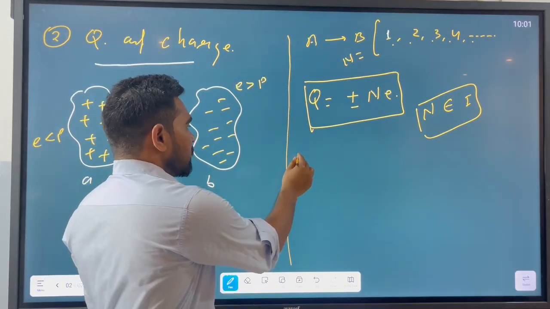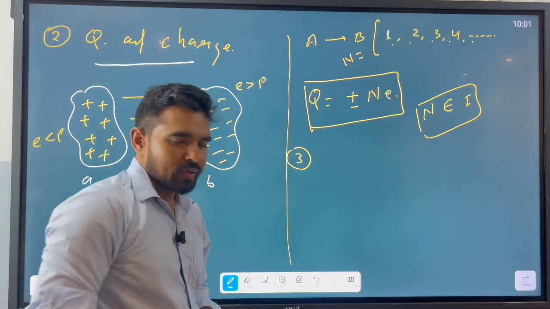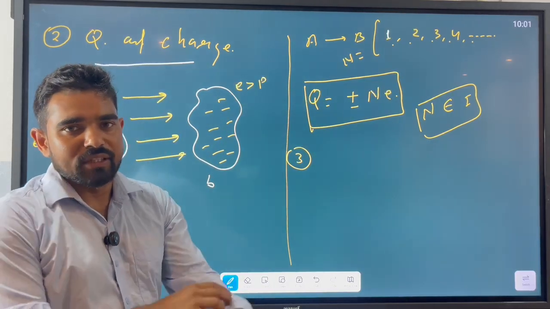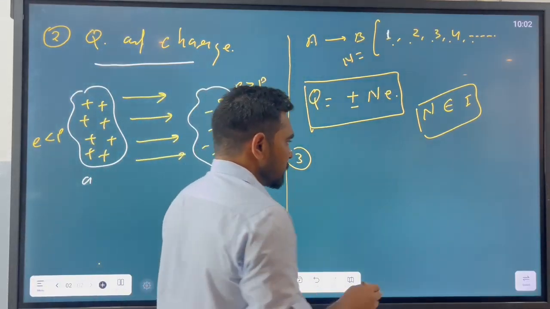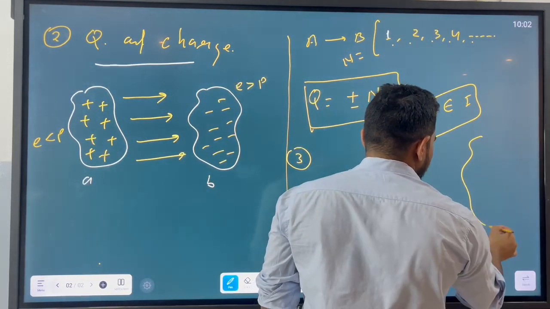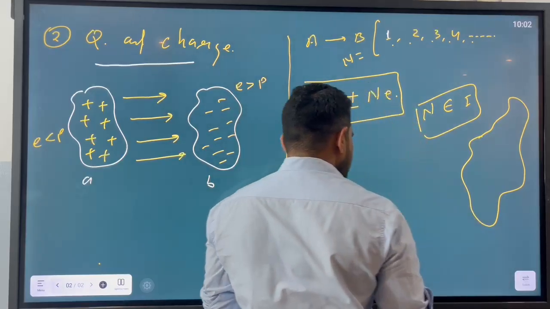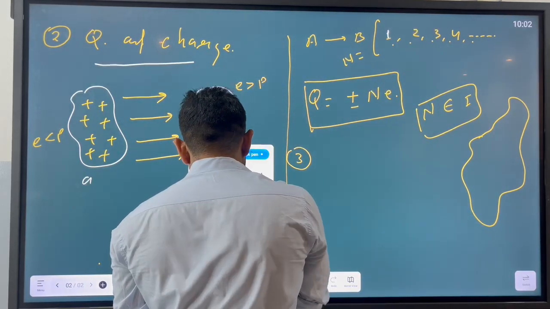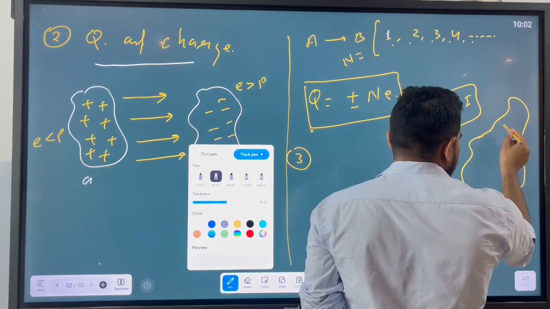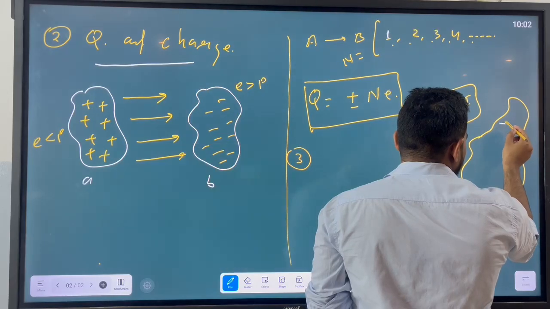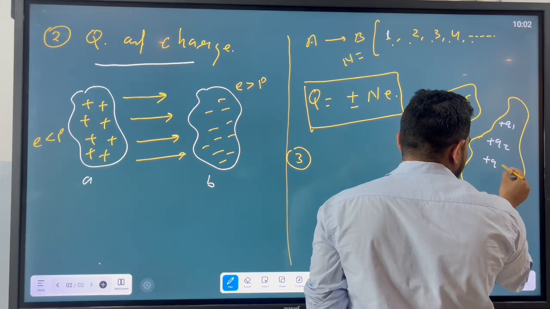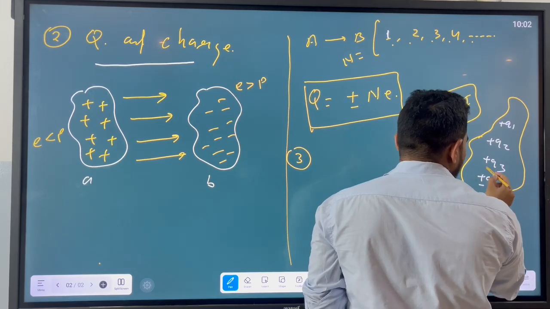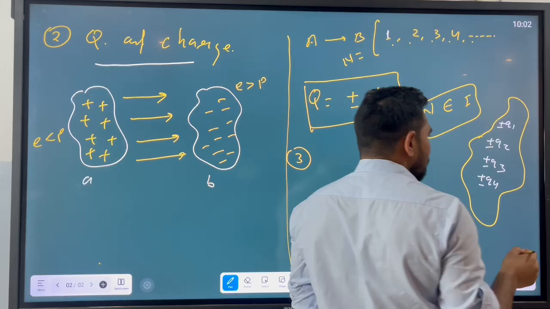And the third property of electric charge is additivity of charge. What is the concept of additivity? Suppose this is a body with distributed charge, plus Q1, plus Q2, plus Q3, plus Q4, which can be positive or negative.